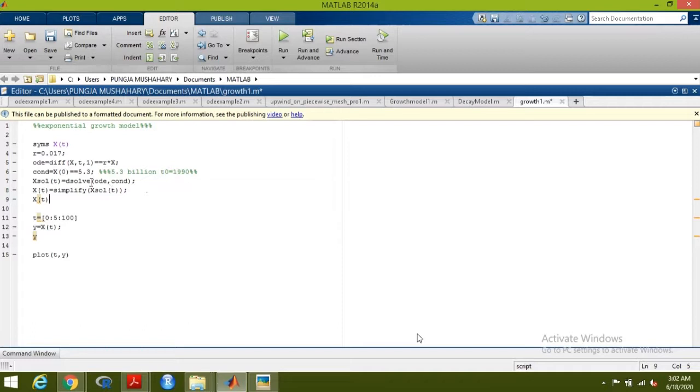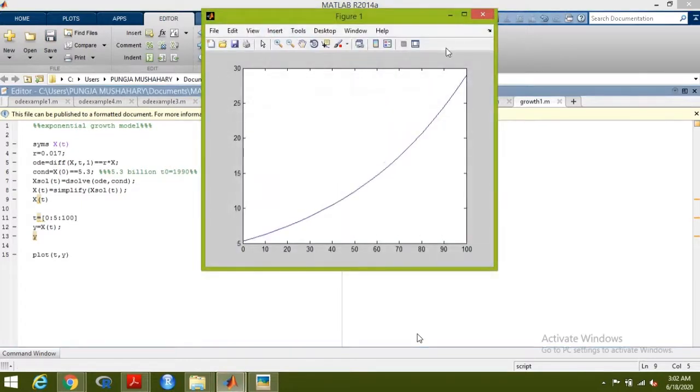We have done here the usual method using MATLAB to solve the initial value problem. That means an ordinary differential equation when the initial condition is given. So no need to go for an analytical solution. You can directly solve here.